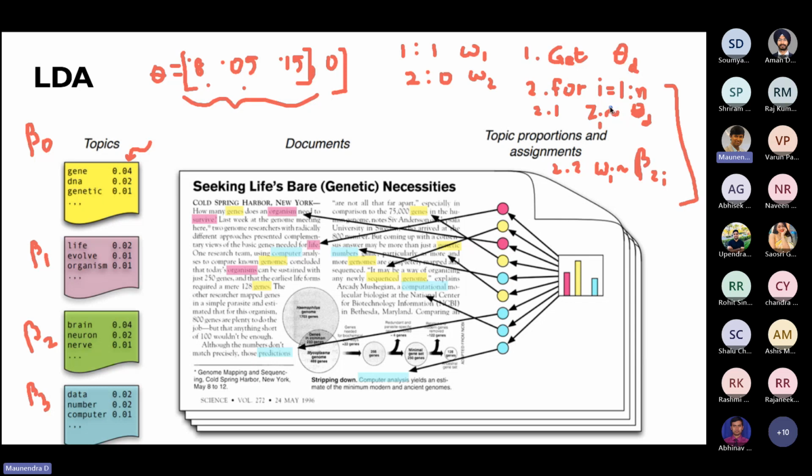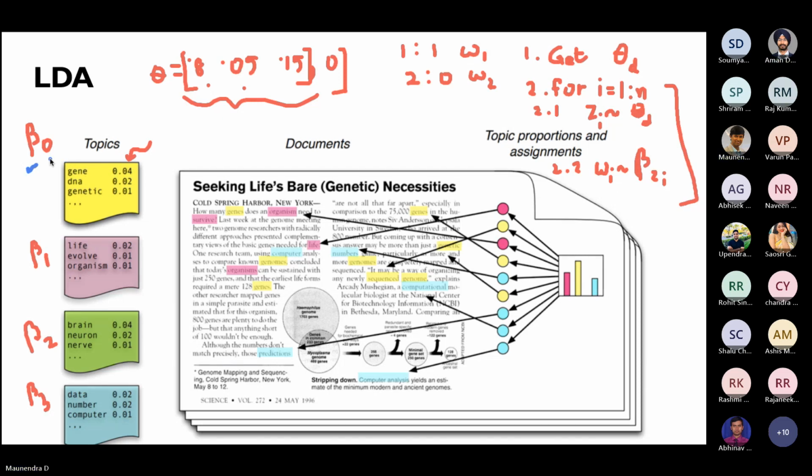Now once we know that for this position the topic is Zi, I try to generate a word which is more aligned to that topic. So I go to beta for that Zi, and from here we generate a word by following this distribution. So this Wi is being sampled from beta Zi.